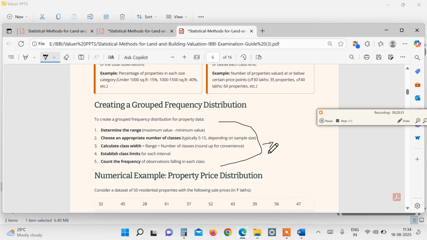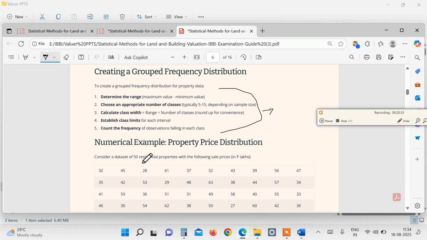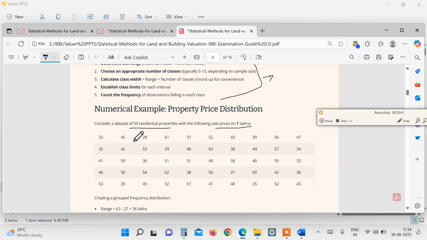Let us suppose you have 50 residential properties with the following sale prices in rupees lakh. So this property was sold for 32, this was 45 lakhs, 48 lakhs. So this is the data you have collected for 50 residential properties. First of all, you will arrange the data in ascending order.